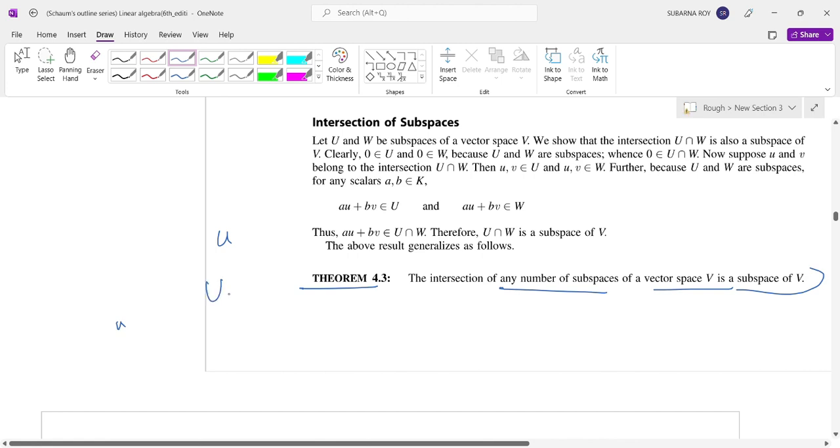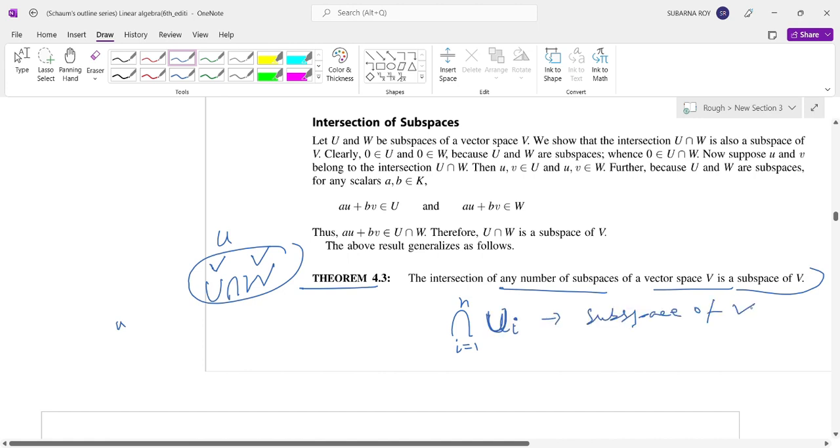Here we took two subspaces: if U is a subspace of V and W is a subspace of V, then the intersection of U and W is also a subspace of V. If we take any number of subspaces of a vector space V, then the intersection over i equal to 1 to n of Ui will be a subspace of V, where each Ui is a subspace of V. So the intersection of any number of subspaces of a vector space is a subspace.